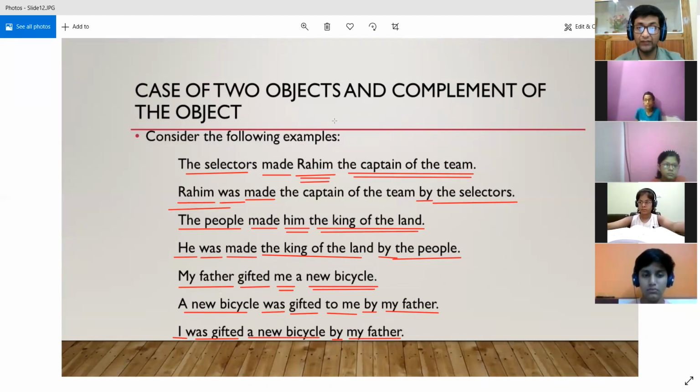But don't confuse it with the object complement, because object complement talks about the same thing. For example, Rahim was the object and the captain of the team was just giving some extra information about Rahim. Captain of the team is not somebody else. It is Rahim only who is the captain, right? So there is no difference between Rahim and the captain of the team.